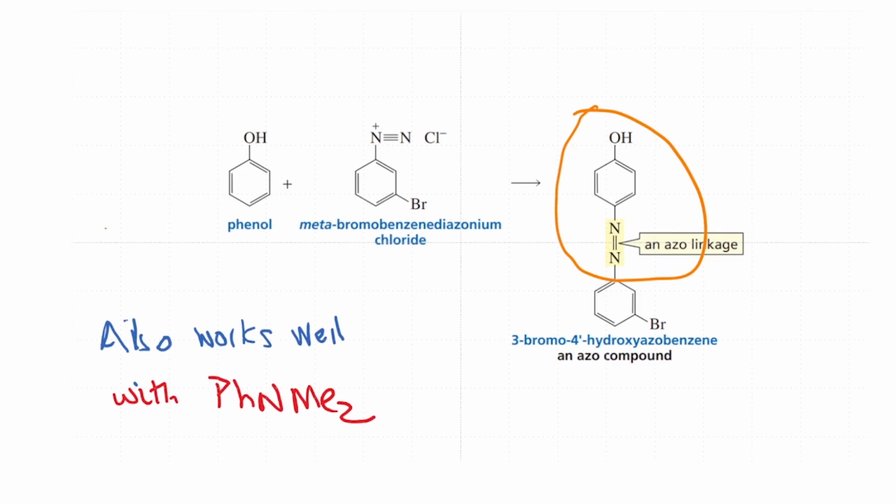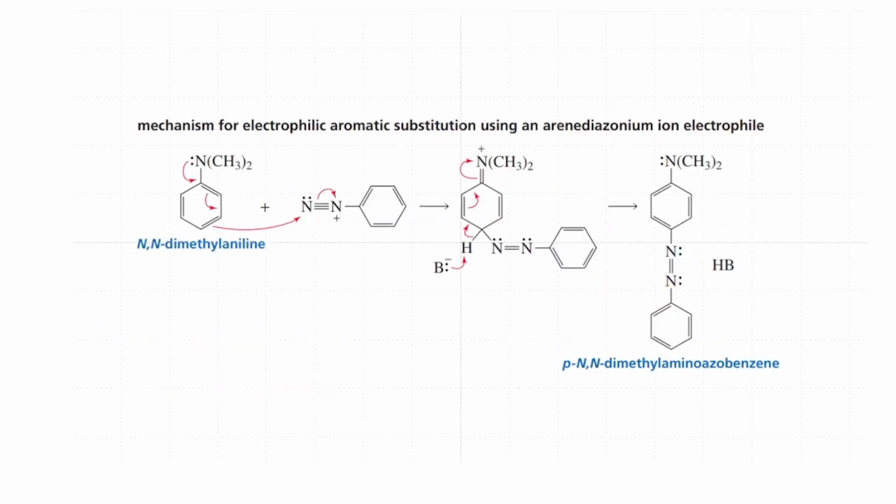If you look at the mechanism with dimethylaniline, in essence the lone pair on the nitrogen can move into the benzene ring, and the benzene ring electrons can attack the diazonium salt. Once this attack happens, you get this diazo compound, and then loss of the proton on the benzene ring is going to give you N,N-dimethylaminoazobenzene.